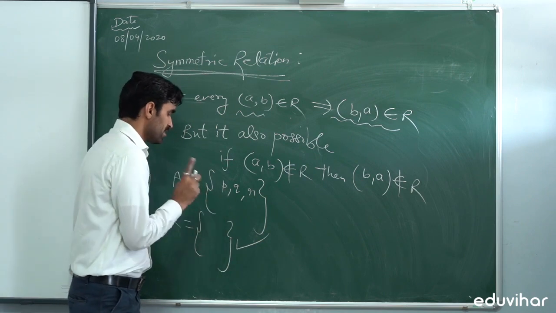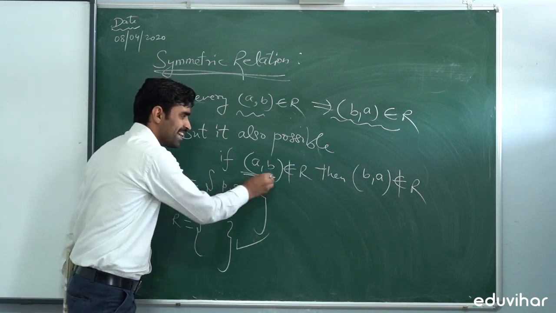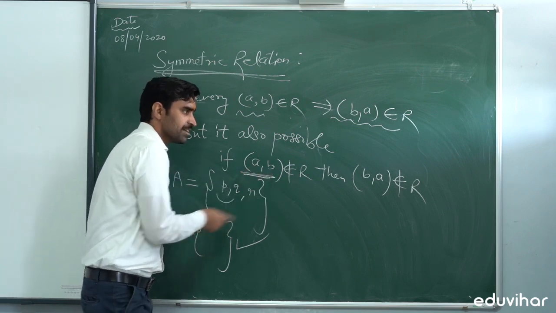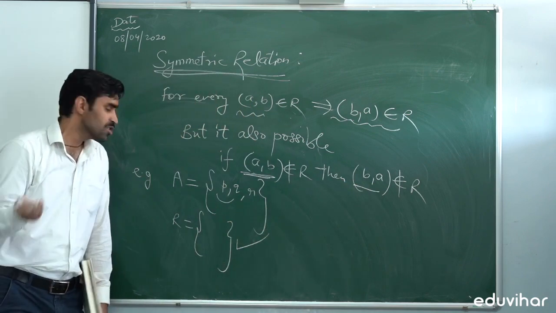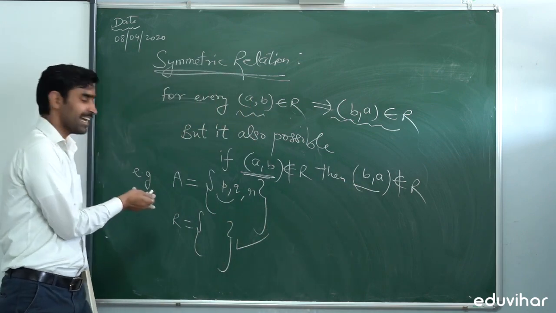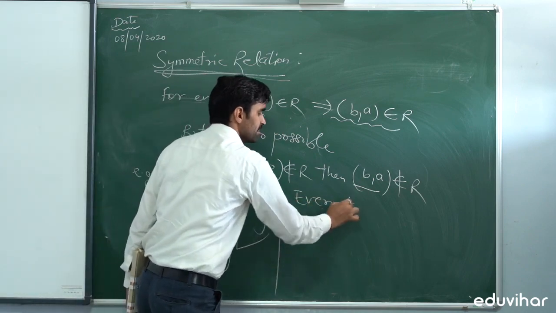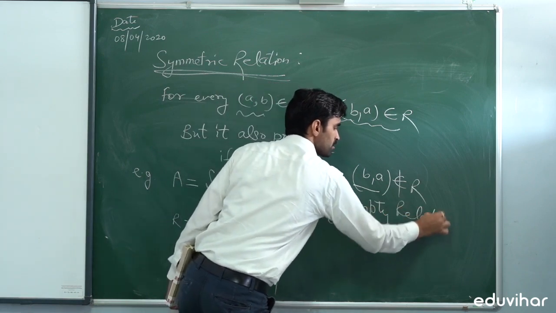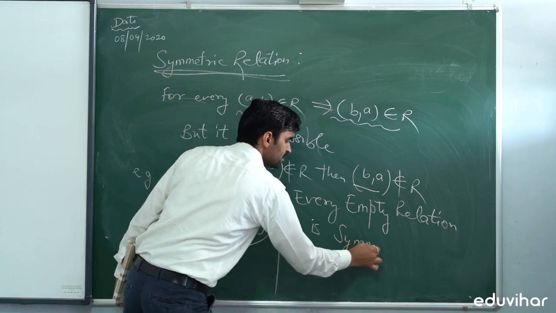Because here neither PQ, QR nor PR, that is, the ordered pair AB does not belong to the relation, then BA also does not belong to the relation. So in this way we can say every empty relation is symmetric.